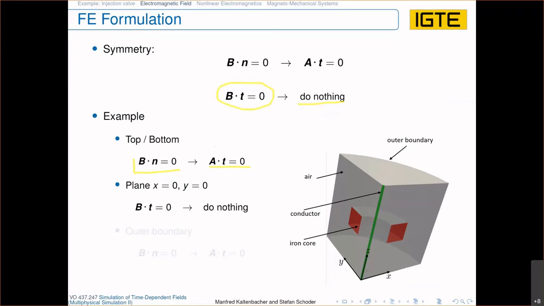So that means that we have exactly at these planes just a normal component of B, and the tangential component of B is equal to 0. And that we also have discussed up to here. So for these two surfaces, well, we know that we do nothing concerning the magnetic vector potential. And the last case is the outer boundary, where we have to fulfill that B.